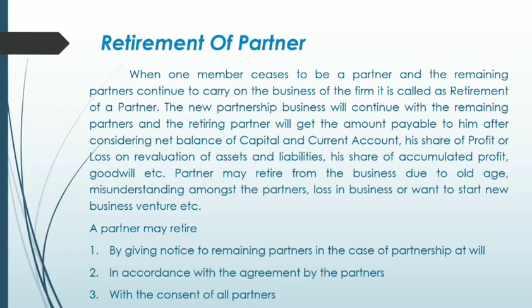It means the partner is retiring from the partnership firm at his will. He has to give notice to the remaining partners for the retirement in accordance with the agreement by the partner. If the agreement is over, then the partner may retire from the firm.